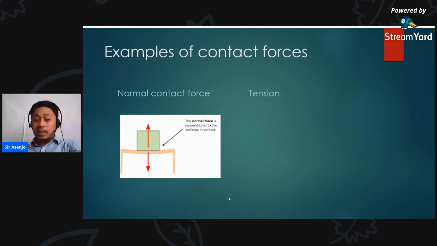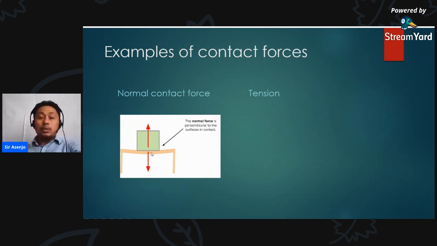This is a good example of a contact force because the box and the table are physically touching each other. The box, because of its weight, the direction of the force is going down.